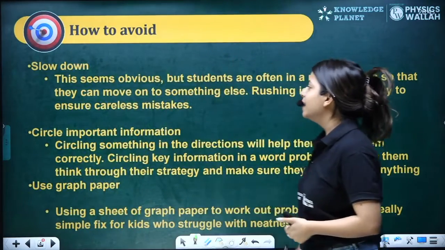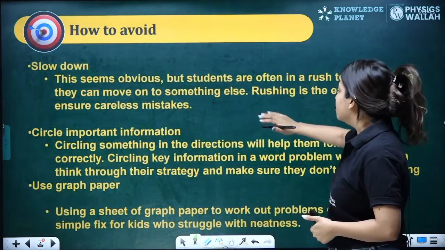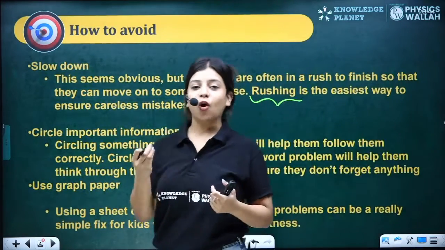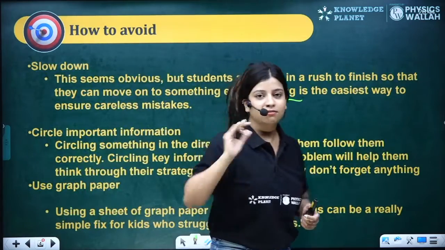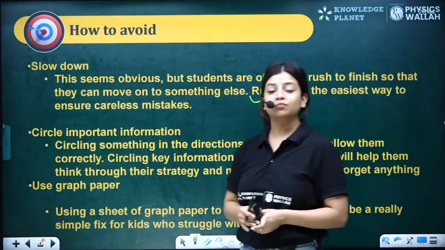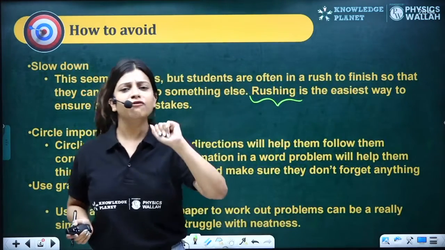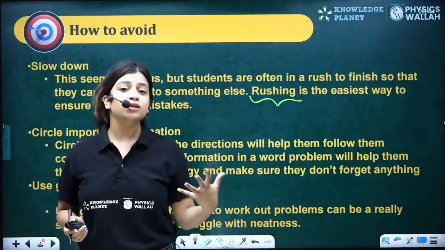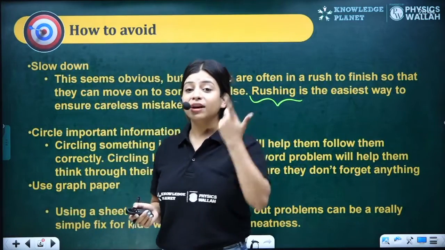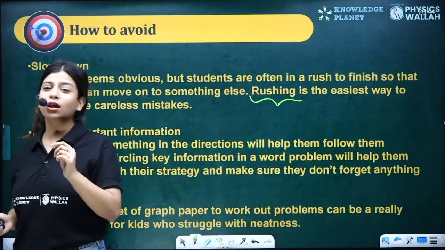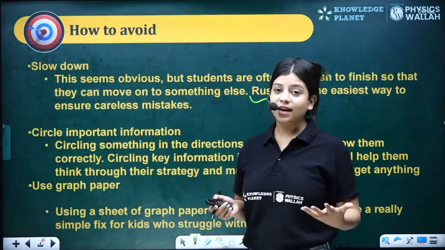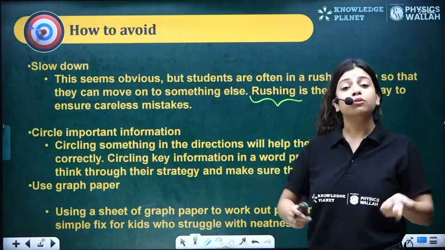The next thing is that rushing should be avoided. That is the easiest way to ensure that you make your paper error free. The second thing is, circle important information. Sometimes only 5 questions out of 7 are supposed to be done from a particular section, but we tend to not read the directions carefully and we do all 7, which takes a lot of our time that we could use to solve different questions.